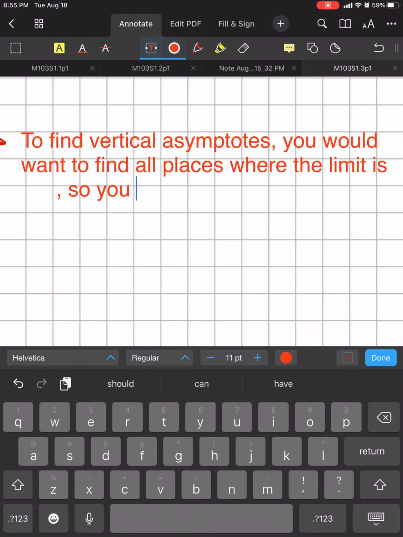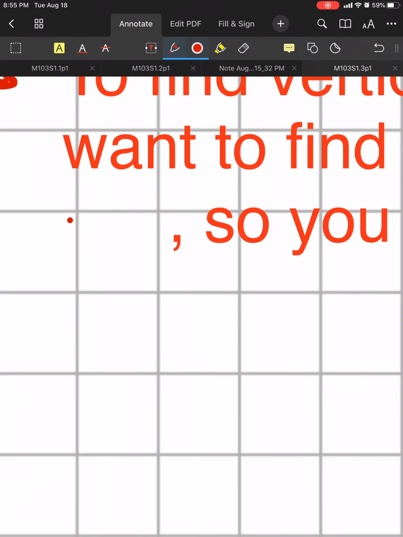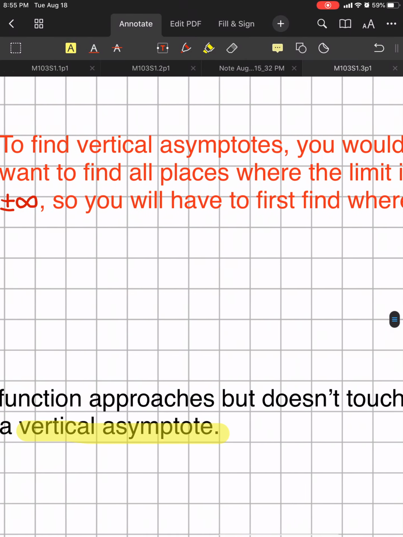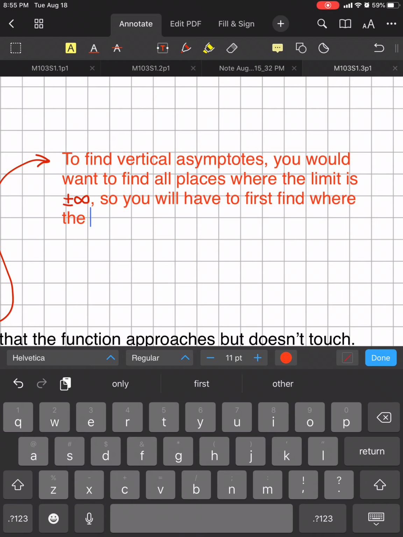So you will have to first find where are the only places that we could have a limit of plus or minus infinity. Actually, let me write this in here. So where are the only places we could have a limit of plus or minus infinity? Pause it for a second and think, see if you can answer that. All right, the answer here, the only places we can have a limit of plus or minus infinity are where the denominator is 0.